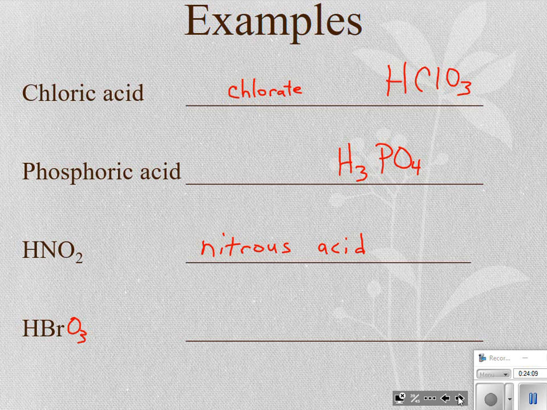You could use both of them, and you could even use your periodic table too. Bromide's not a polyatomic, that's why it's not on PAL. PAL only has polyatomics.